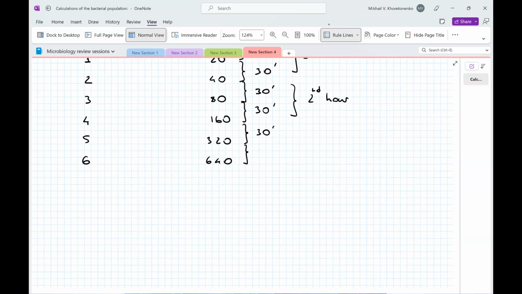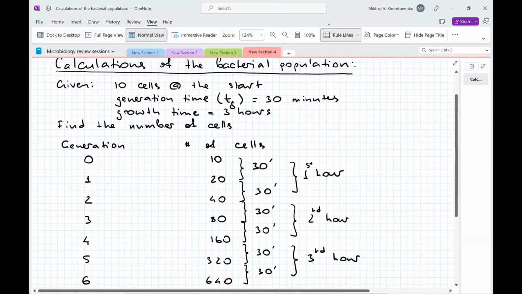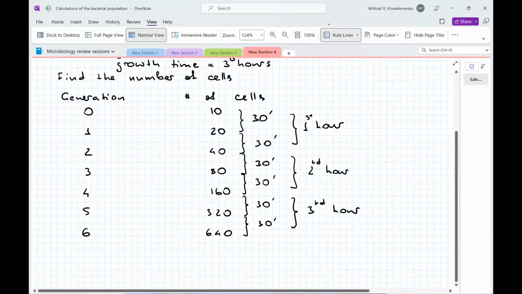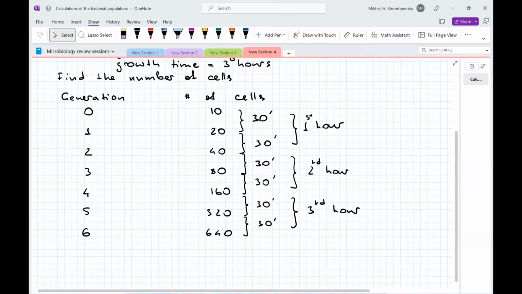And another 30 minutes gives you the third hour. If you look at the conditions, 3 hours, right? So we completed our 3 hours. How many cells do we have at the third hour? 640. That's your answer.